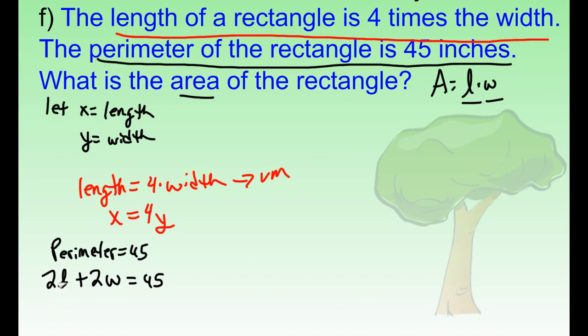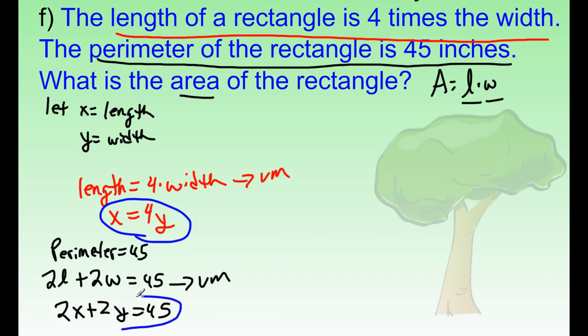You could also say length plus width, but it's the same thing. So this is my verbal model here. I'm going to have 2x plus 2y equals 45. All right, so I now have my 2 equations right there.